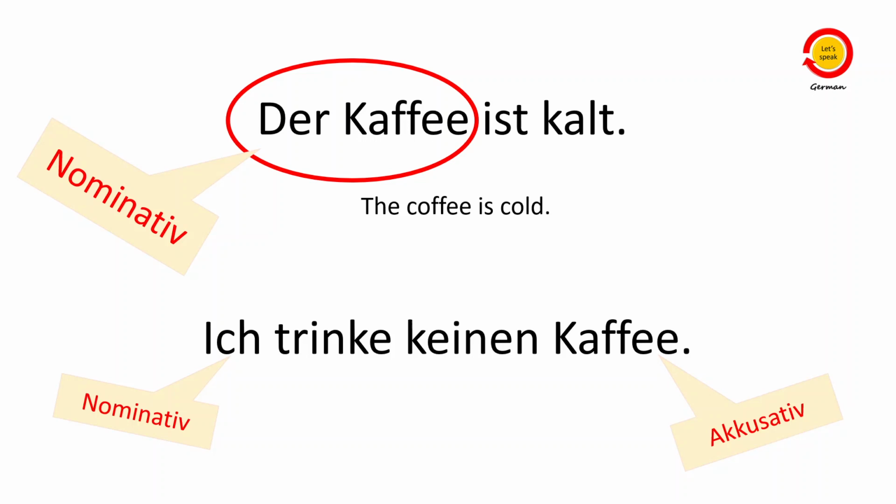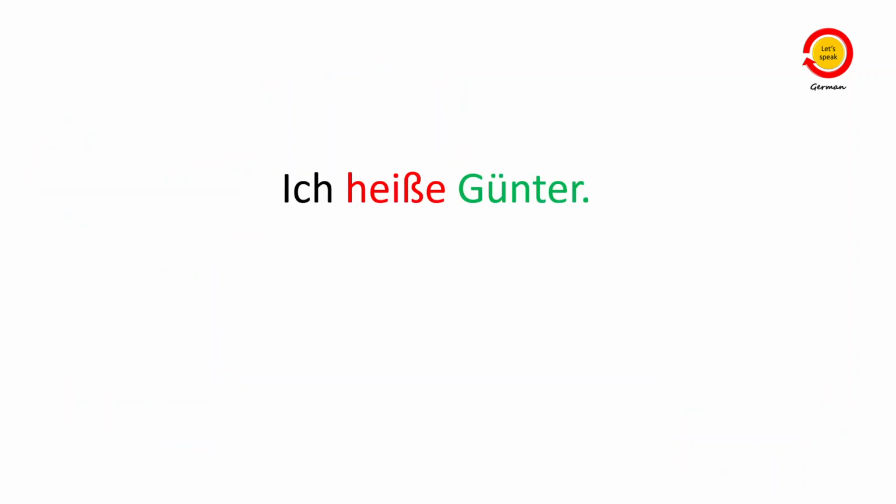Like I said earlier, nominative is also used after certain verbs. Ich heiße Günther. I am Günther, or my name is Günther. Can you guess the subject in this sentence? Both ich and Günther are the subjects here.